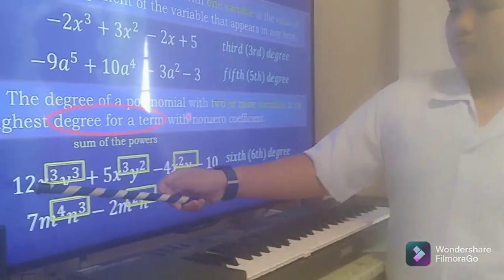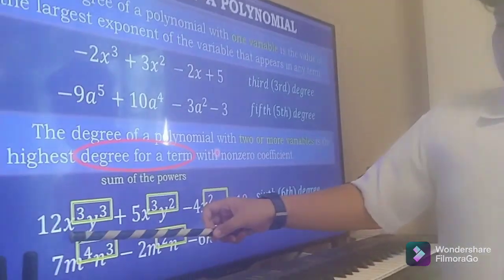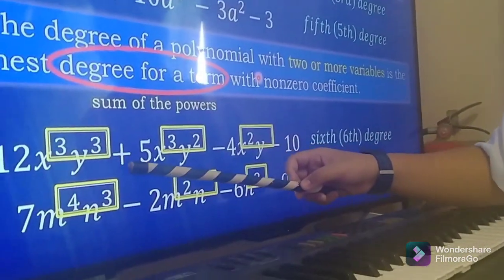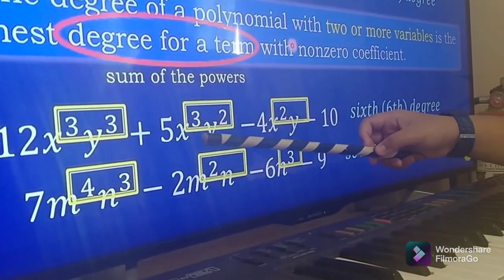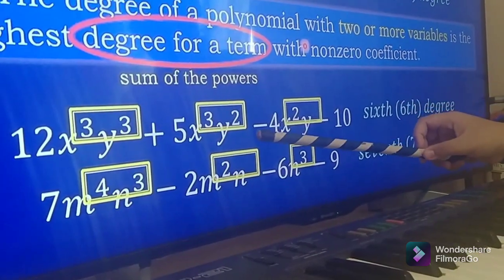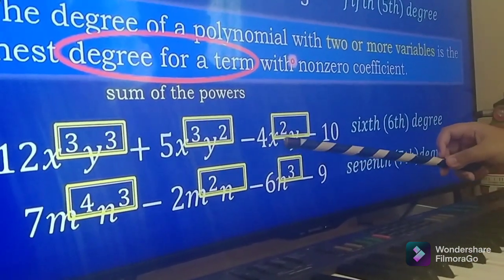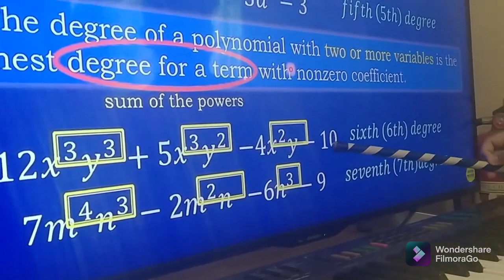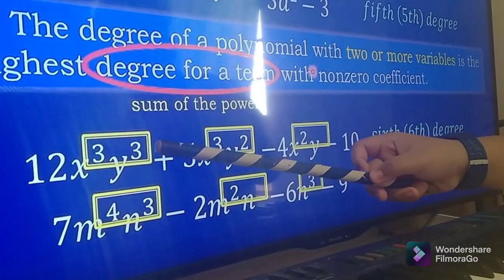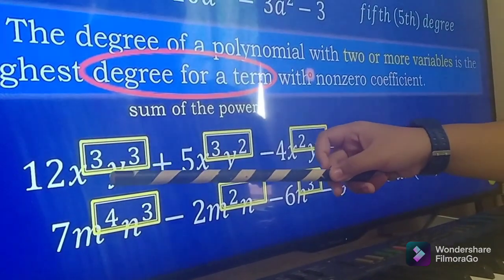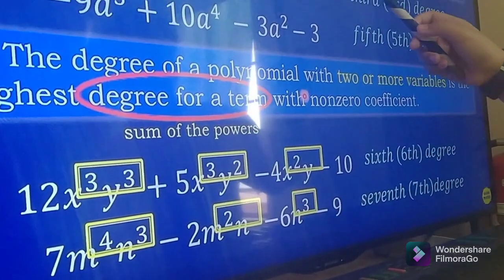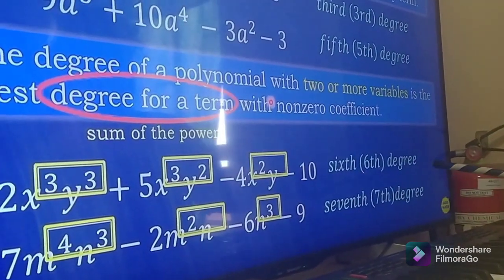For example, 12x to the third power y to the third power plus 5x to the third power y squared minus 4x squared y minus 10. The highest degree of a term is 3 plus 3 equals 6. So the degree of the polynomial is 6th degree.